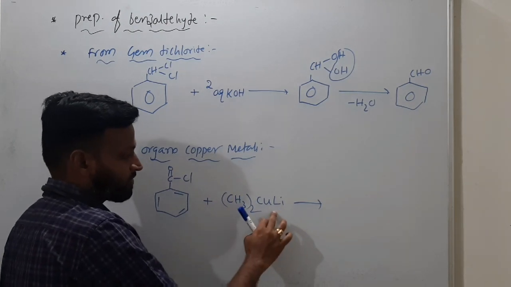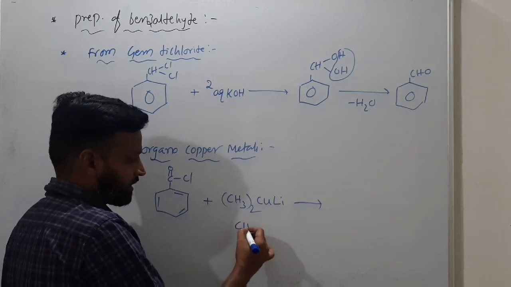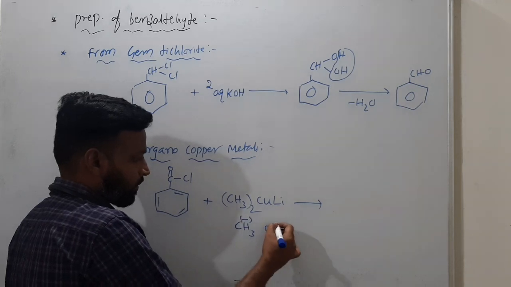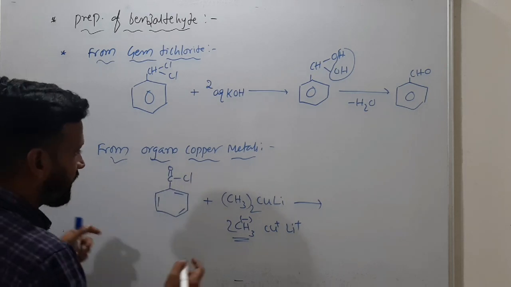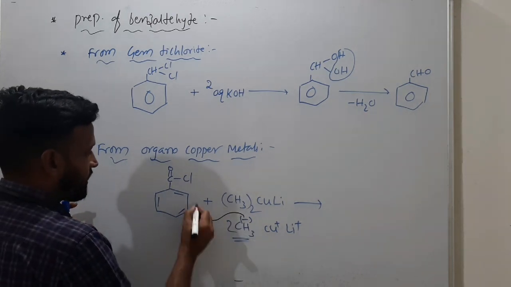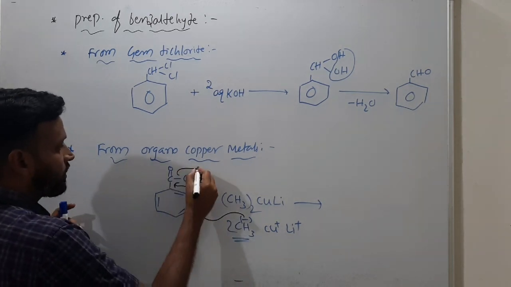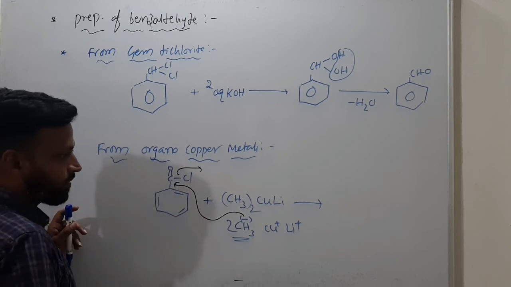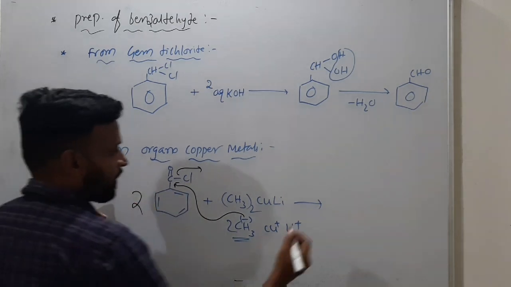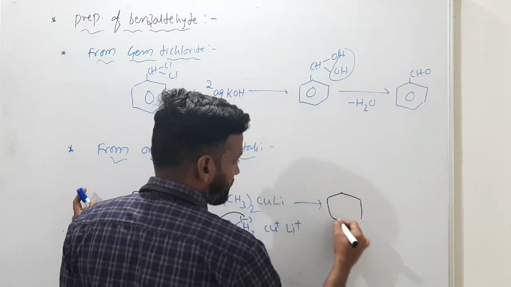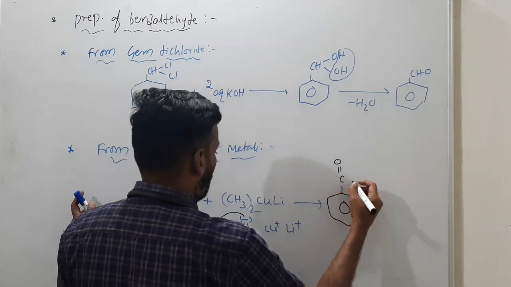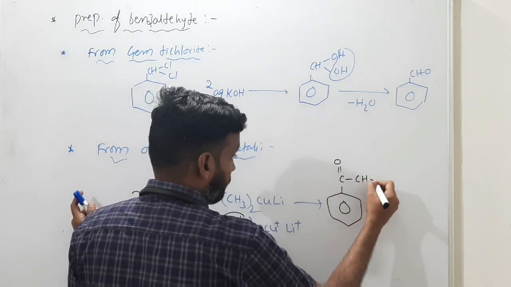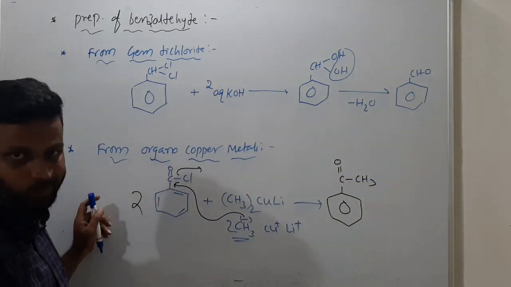Here actually CH3 minus and copper plus and Li plus, 2 moles actually. What happens? Very simple: this CH3 minus will shift over there and Cl minus will be removed. So we have to take 2 moles. Then you will have C6H5, C double bond O, and here methyl. It's a ketone.